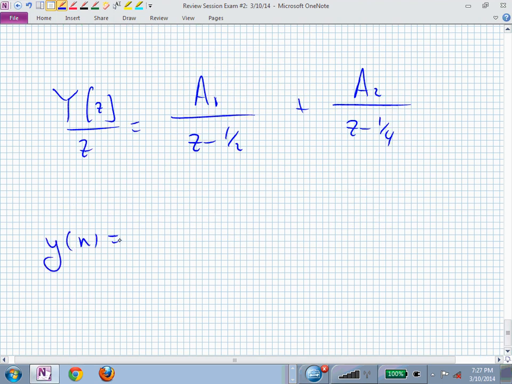And y of n then becomes, with the A's, you can find those, 4 times 1/2 to the n minus 4 times 1/4 to the n, for n greater than or equal to 0.